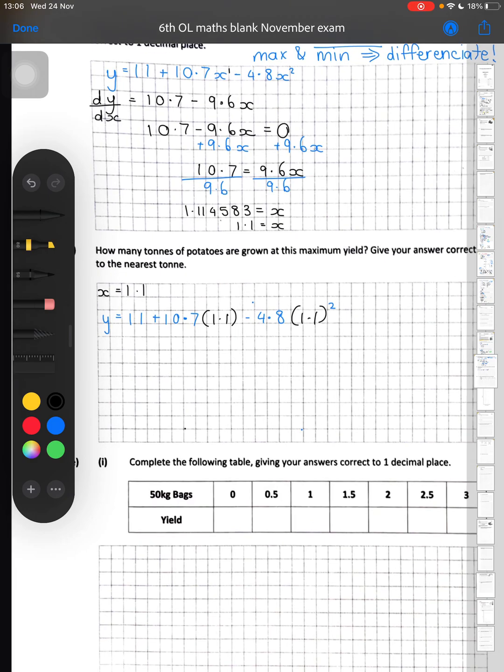Okay, so when I fill this in, y is equal to 11 plus, I'll just do out 10.7 times 1.1, which gives 11.77. And then minus 4.8 times 1.1 squared is going to give me 5.808.